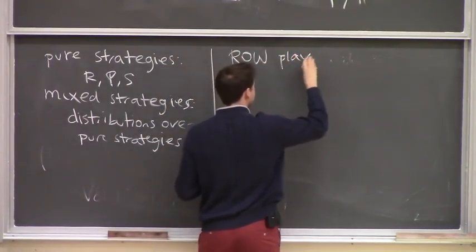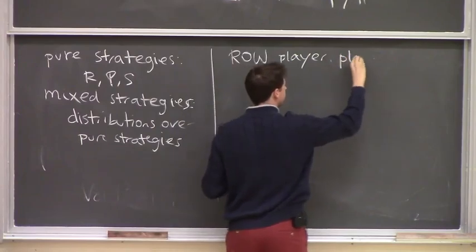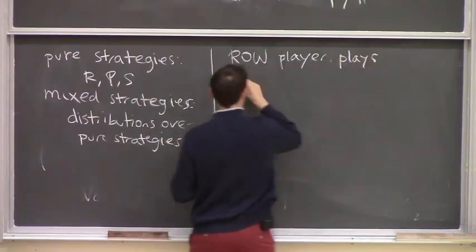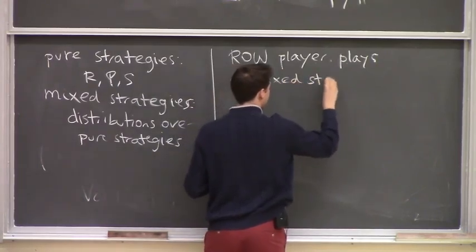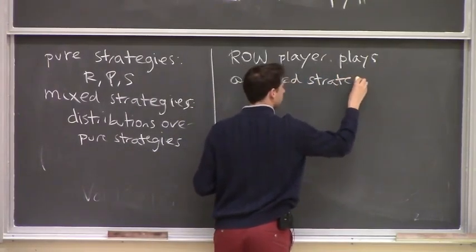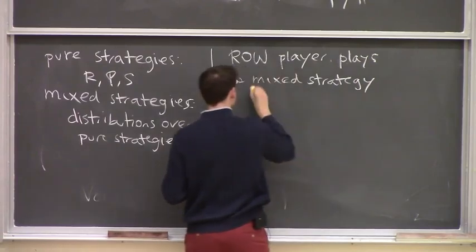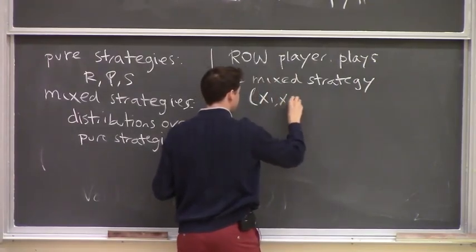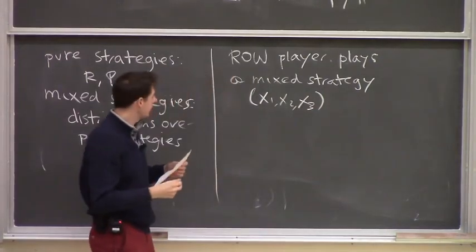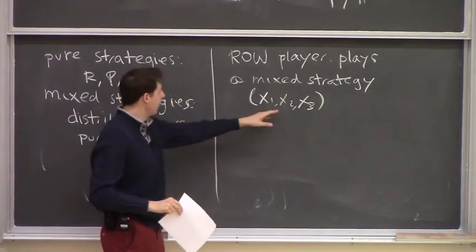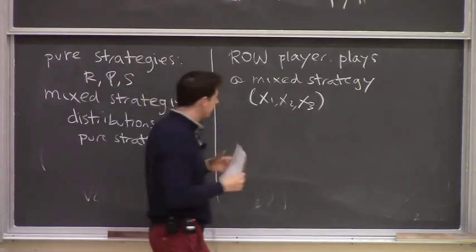Okay? So in this way, the row player in general plays a mixed strategy that we can represent as a vector x1, x2, x3, which correspond to the probabilities that are assigned to rock, paper, and scissors respectively, right?